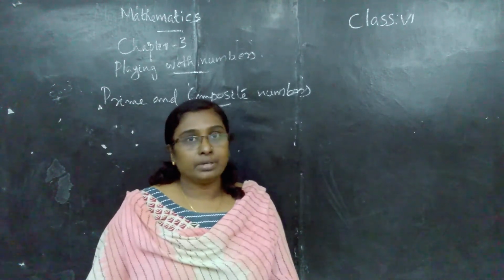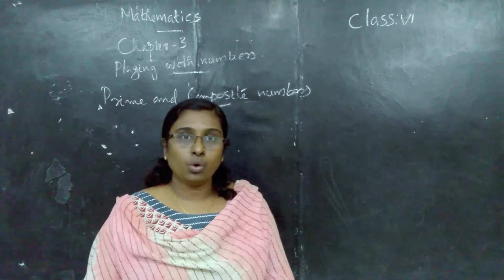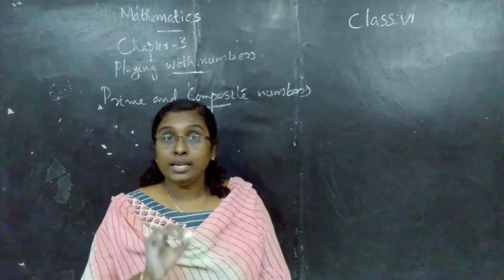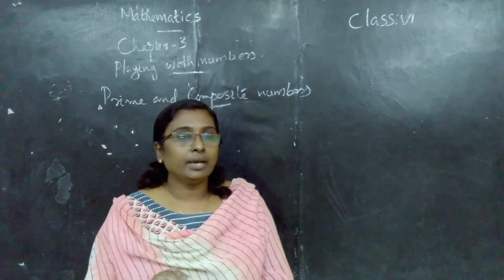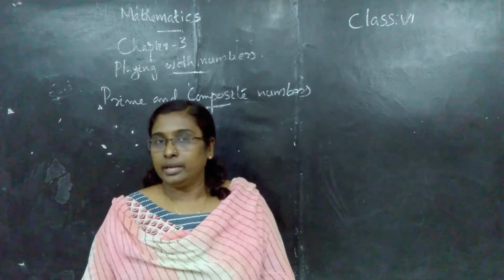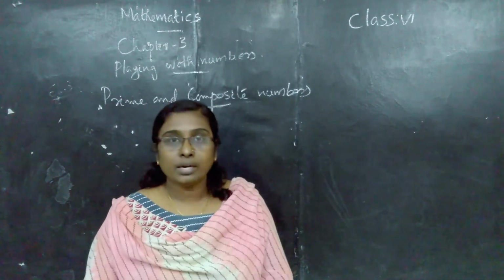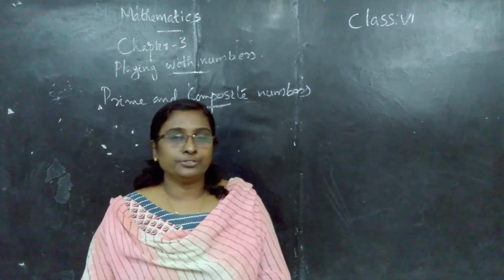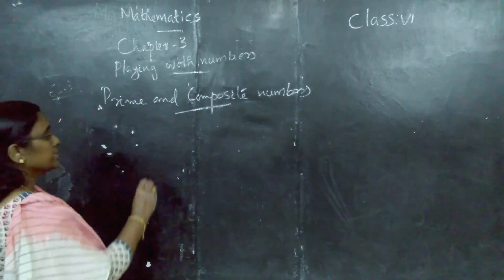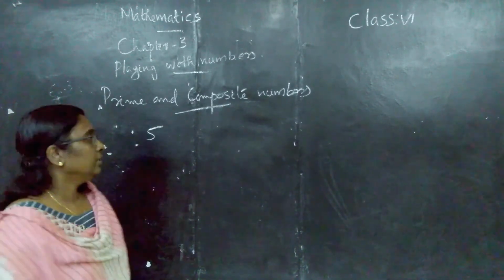What is a prime number? A number greater than 1 which has only the factors 1 and the number itself is called a prime number. Say for example 5. What are the factors of 5?